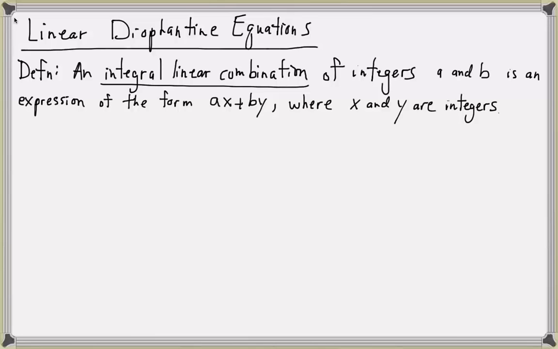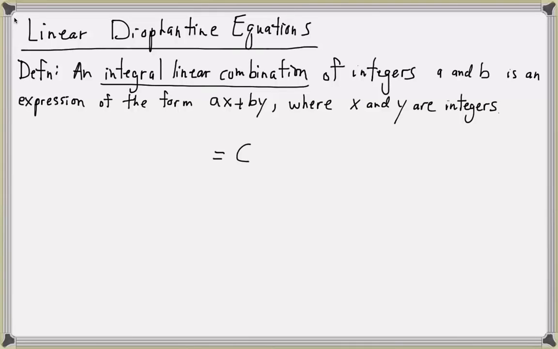So the question that Diophantus and other mathematicians have studied is, suppose you're given two integers a and b. What integers can I write as a linear combination of a and b? In other words, suppose I had an integer c.